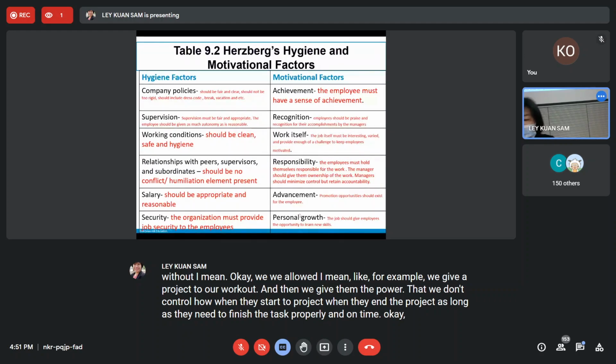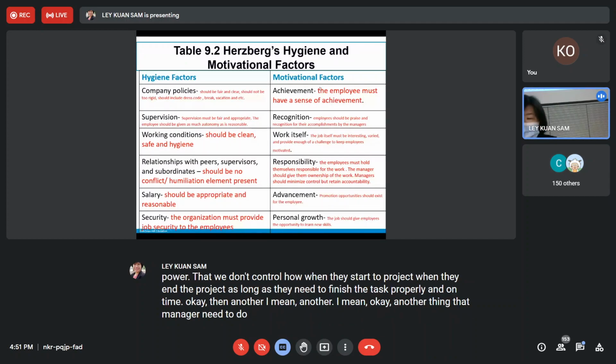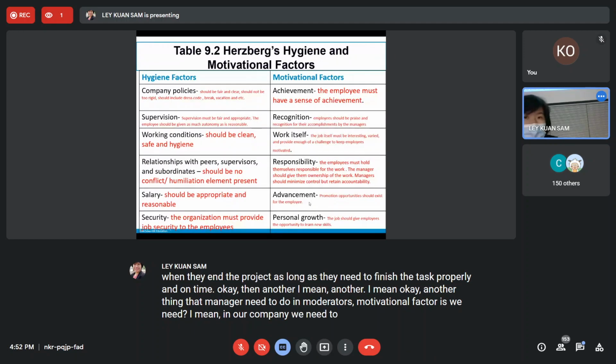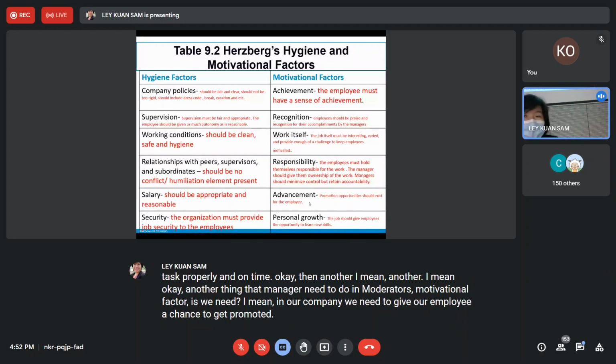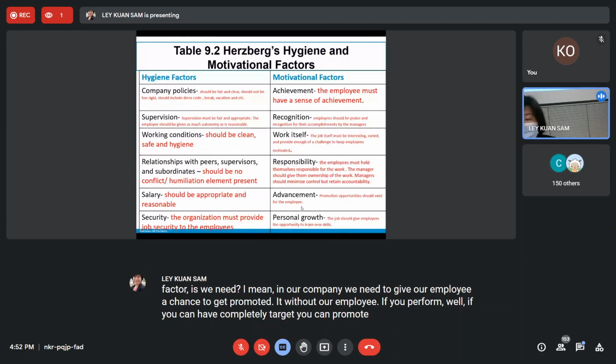Another thing that managers need to do in motivational factors is to give our employees chances to get promoted. We tell our employees, if you perform well and help the company hit the target, we will promote you.